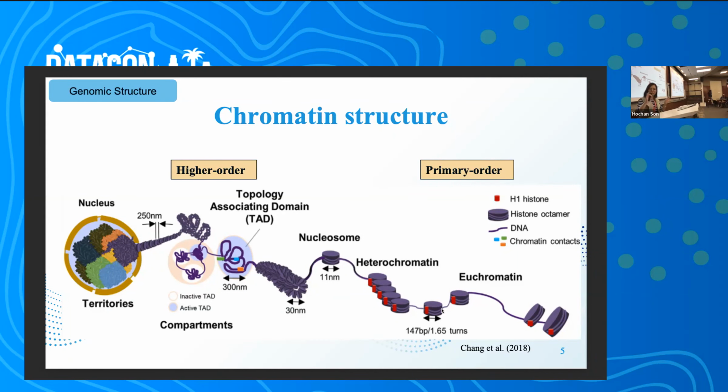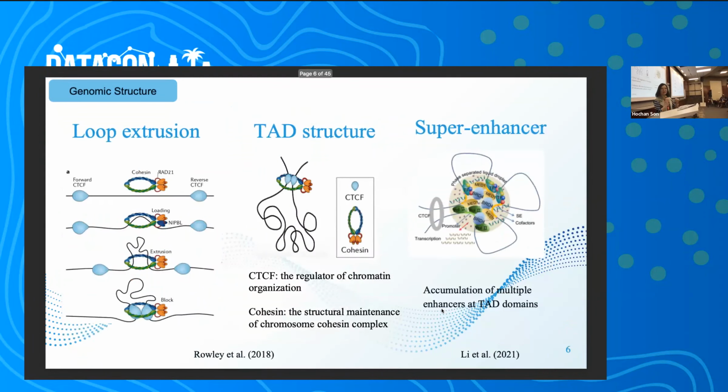Now let's look into the specific structure of the TAD. Imagine that we have a string of DNA. It's a long string, right? On both sides of the string there are two anchors, the CTCF anchors. And here is a cohesin ring. This is the string of DNA, or DNA sequence.